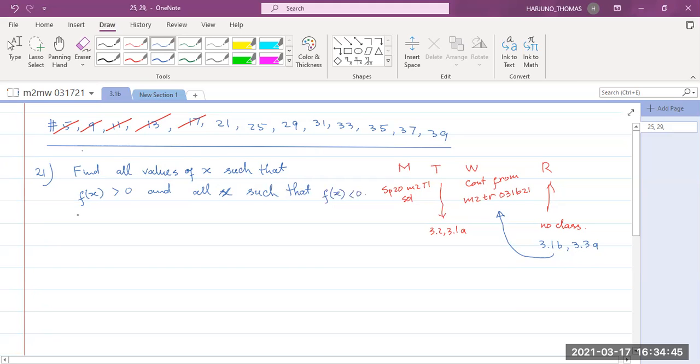Okay, now number 21, f(x) is negative x cubed plus 2x squared plus 8x. Solution.